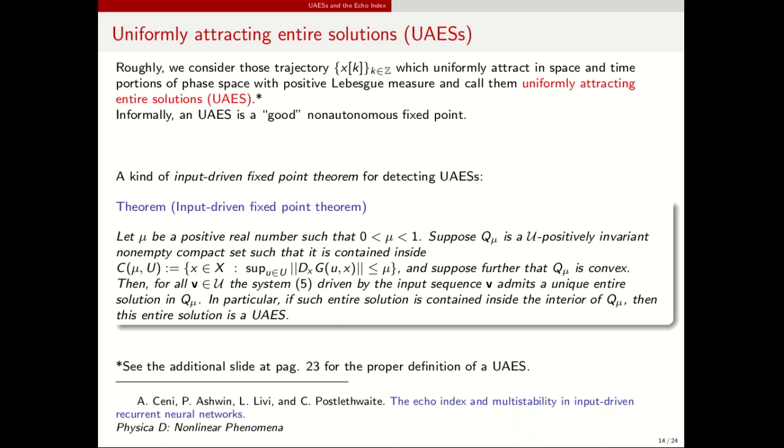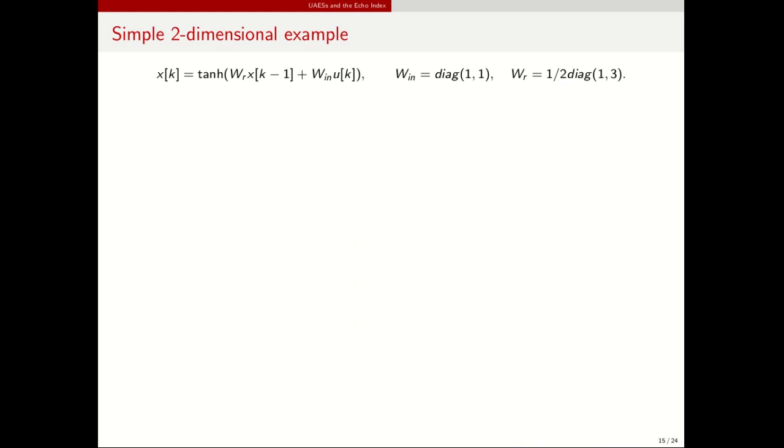And now I want to provide a simple two-dimensional example of application of this input-driven fixed point theorem. And here there is the equation of a recurrent neural network without leakage. We've got as activation function the hyperbolic tangent. The reservoir is this diagonal matrix here, and this matrix is just the identity matrix, so you can forget about it.